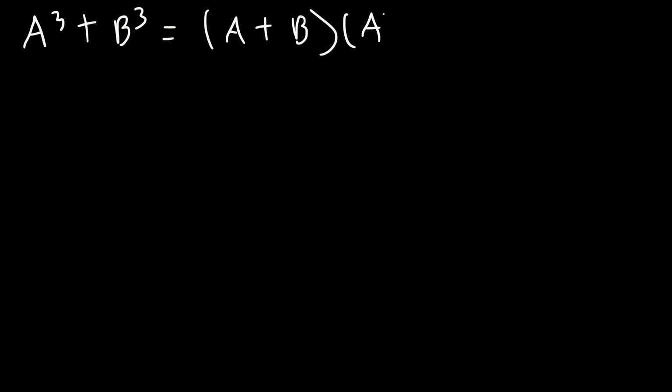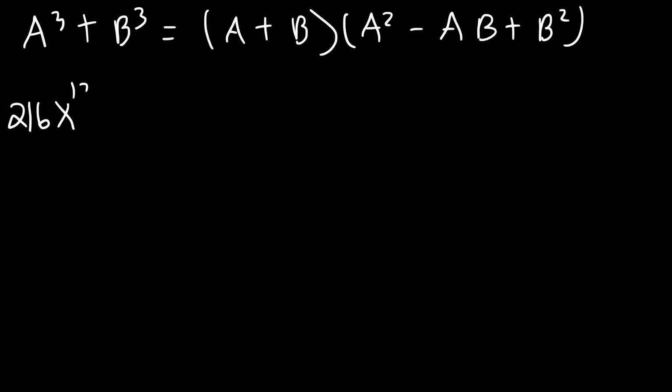Now let's try another one using the sum of cubes equation. It's always good to write the equation first, so you have something to follow along with. Try this one. 216x to the 12th power plus 343y to the 15th power.